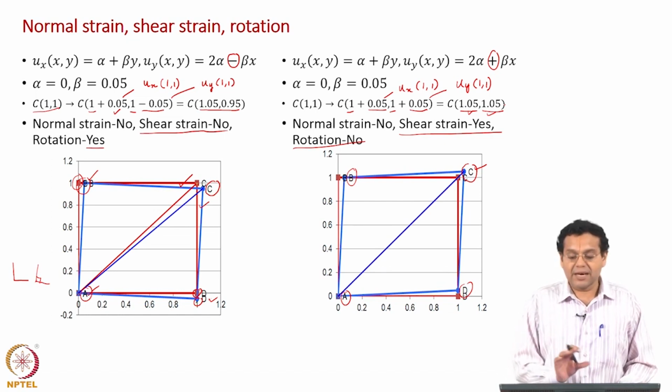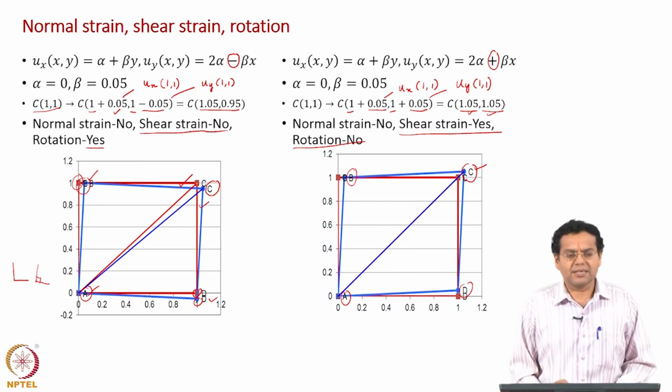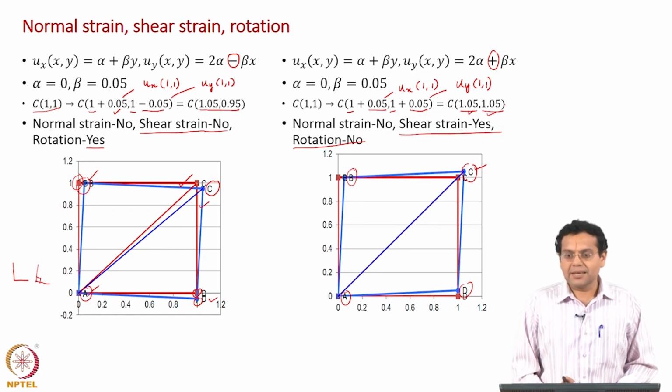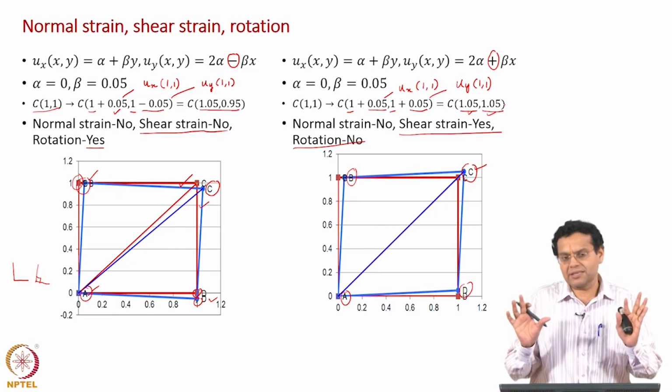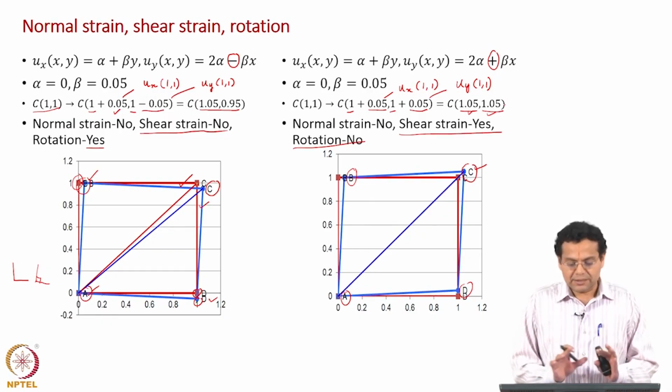Very nice, very simple example from the book by Raymond Parnas illustrates our objective very clearly. Before proceeding to quantitative evaluation, we are going to find expressions for normal strain and shear strain, but these cases really illustrate what we are going to do.